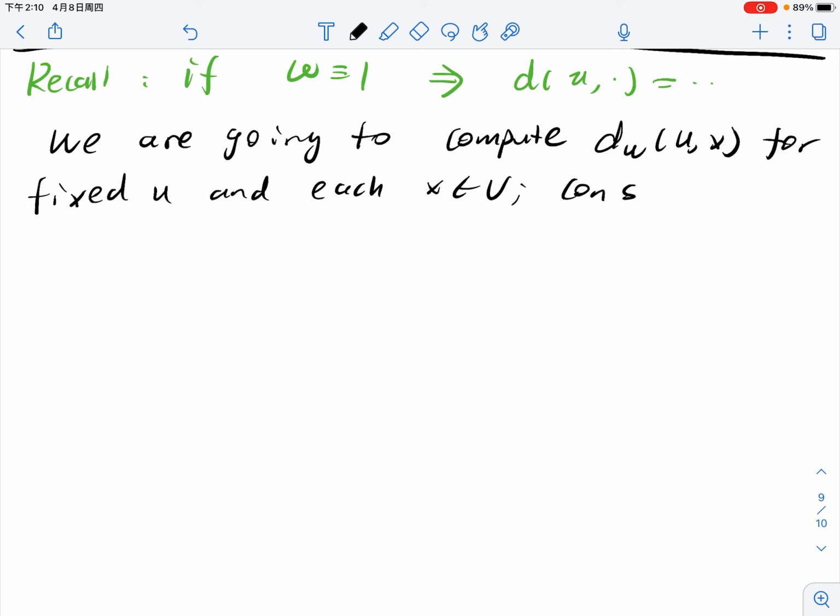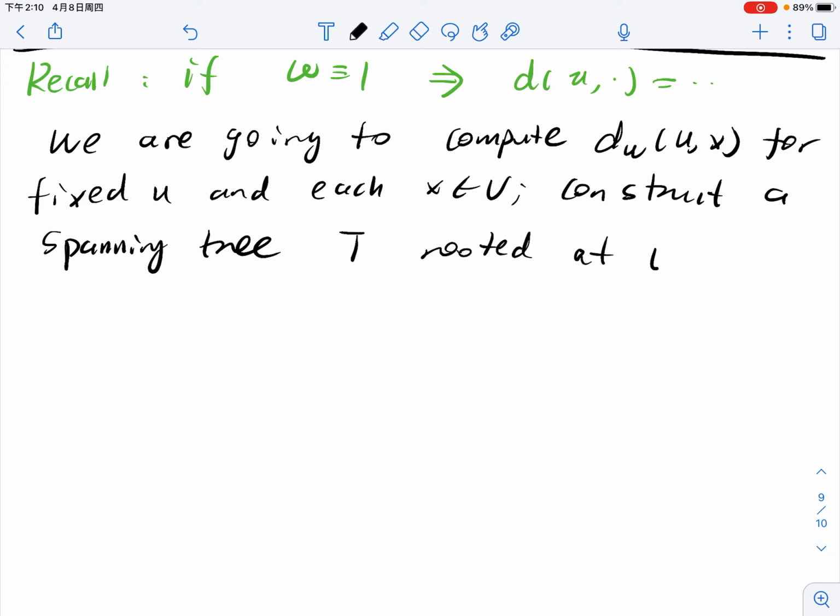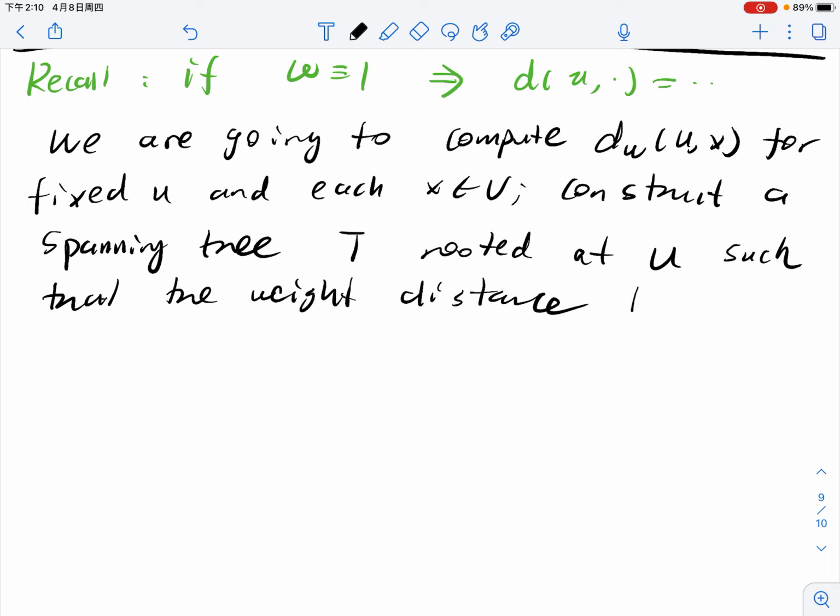And then construct a spanning tree T rooted at u such that the weighted distance between u and x in T equals d_omega(u,x).